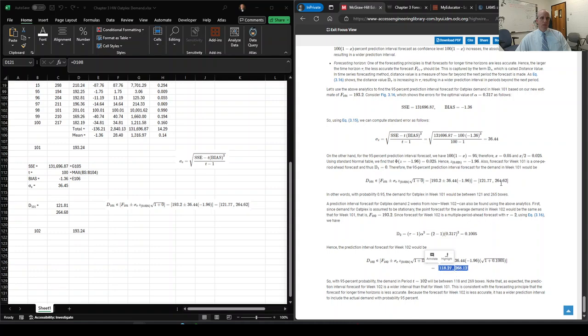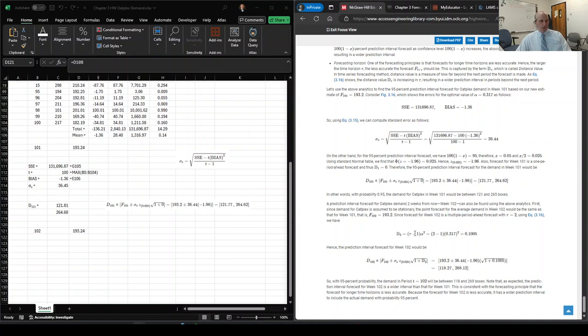And we can do that. Notice, by the way, the bands are getting a little bit wide open. They're opening a little bit more, right? So from a 121, we're going to 118. From a 264, we're going to 268. Mostly because multi-period ahead has more uncertainty, right?